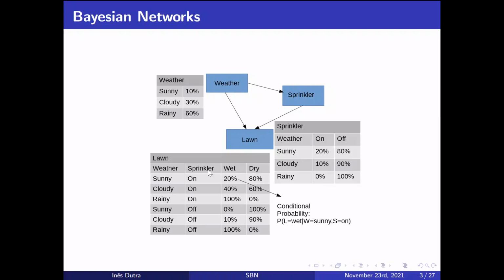So here we have a more complex table where we represent all the combinations of values of weather and sprinkler that influence the lawn. In the case that the lawn is wet or dry, we have all the combinations of weather and sprinkler, and for each one of them, I have a probability associated.